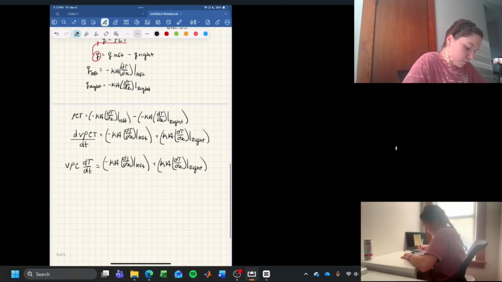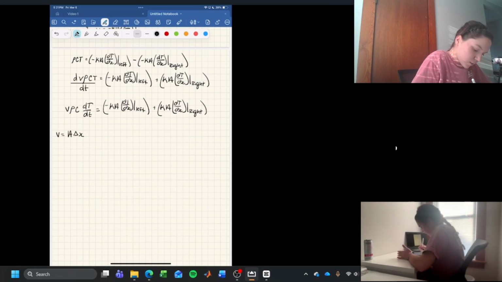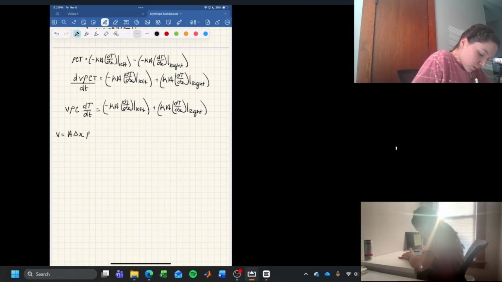So let's rewrite that. So volume equals the cross-sectional area times the change in x of that section times density times heat capacity times the change in temperature over the change in time.